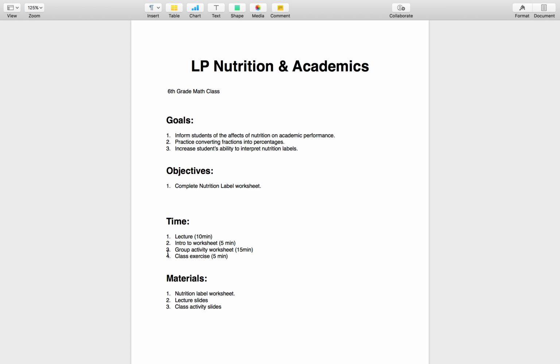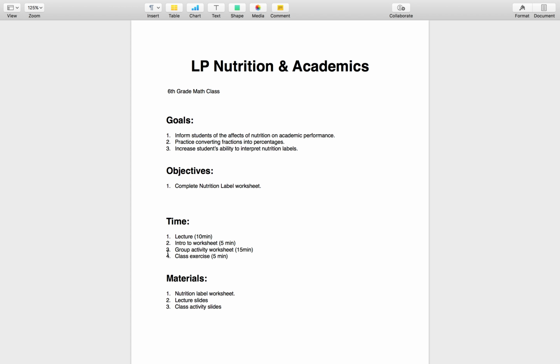And then after the worksheet, I was planning on having a whole class exercise where I put up on the projector some quick options of 2 food choices and what food choice would be better.